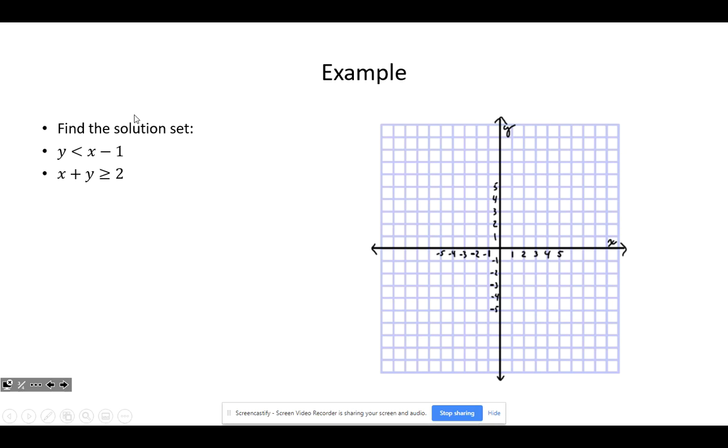I'll do my first inequality in red. This inequality is already in slope-intercept form. So I can start with my slope being 1 over 1 and my y-intercept being -1. So I'll start at -1 on my graph and I'll go up 1 and over 1 all the way throughout.